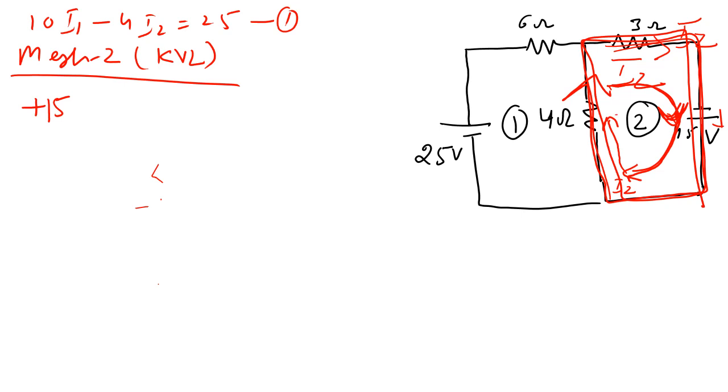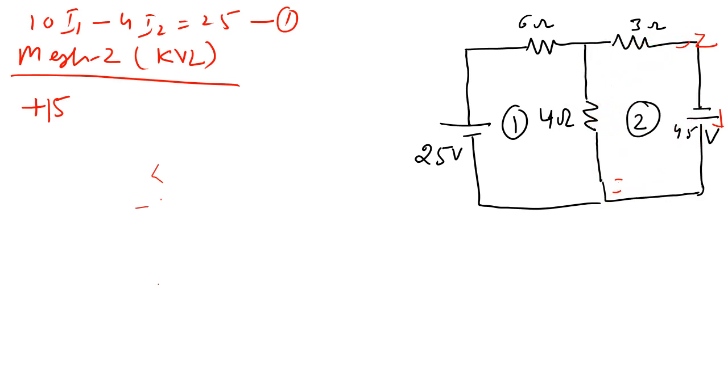Now this loop is coming near the 4 ohm, so this is the direction of the loop, and this is the direction of I2. In mesh 2 the mesh current is I2, and near the 4 ohm you see this direction and this direction, so they are the same, so that's why a minus sign will come.